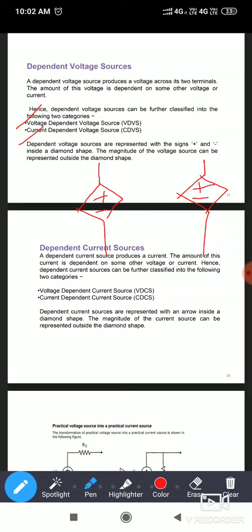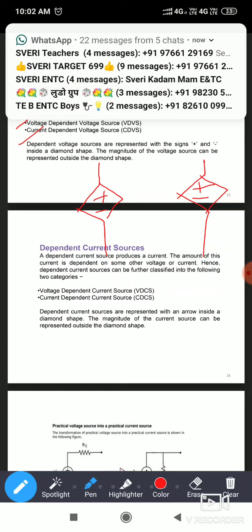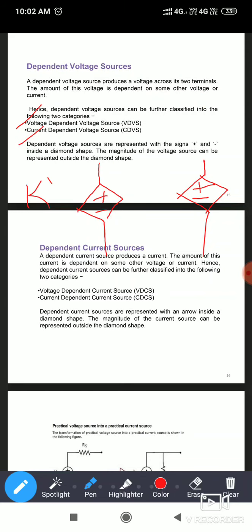What is the value of this voltage source? Suppose the value of this voltage source depends on K into V1. K into V1 means K is the constant and V1 is the voltage across a particular element or branch. Okay. So this is the first step.